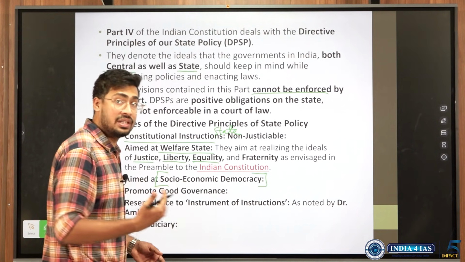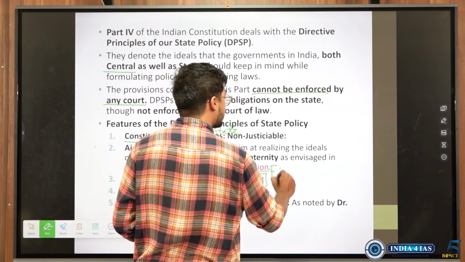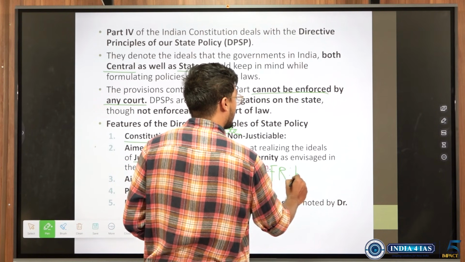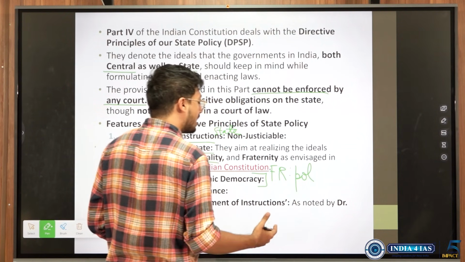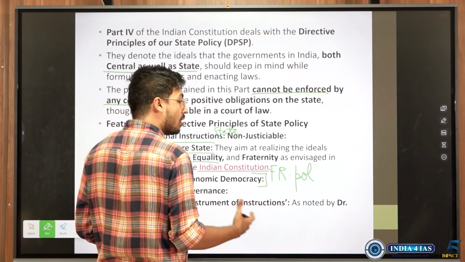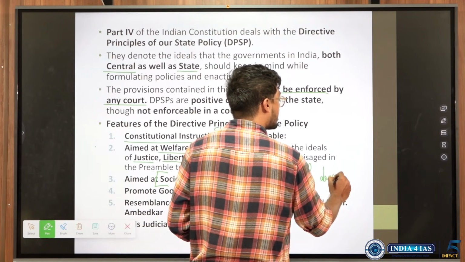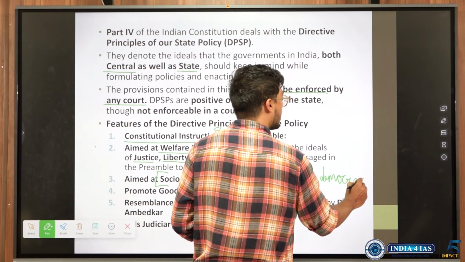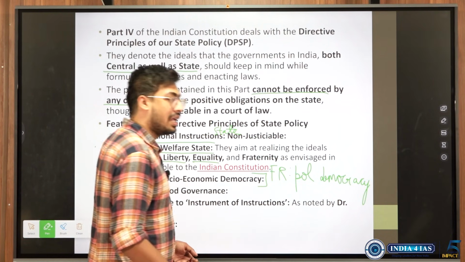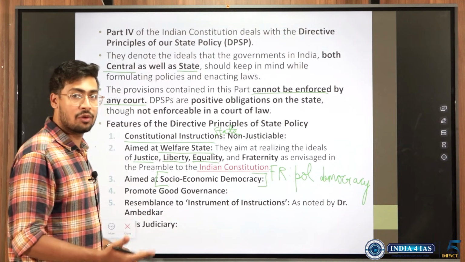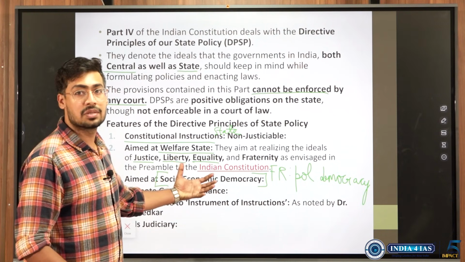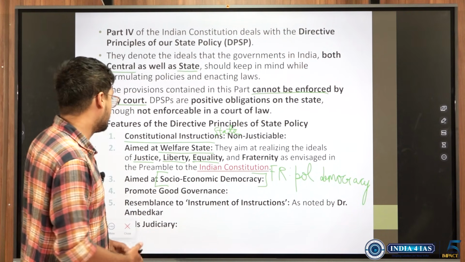See, what do fundamental rights aim for? Fundamental rights aim for political democracy: equal voting rights, universal franchise, right to equality, all this. Whereas DPSPs ensure social and economic democracy, such as equal pay for men and women. These provisions in the DPSP ensure socio-economic democracy.